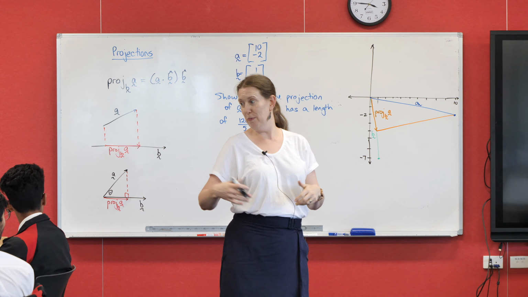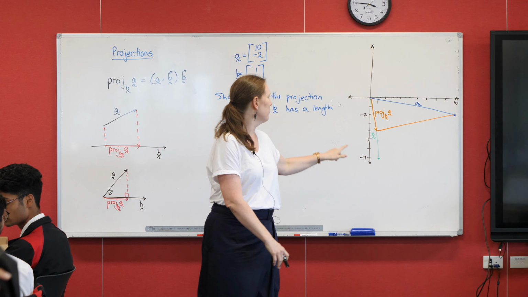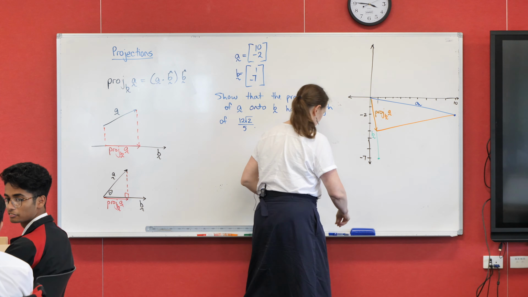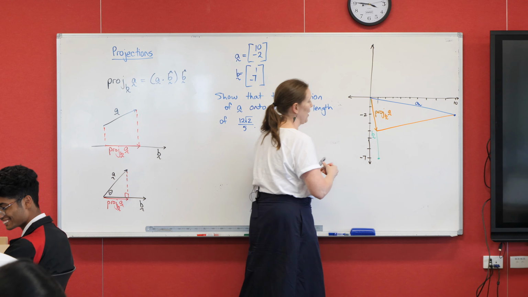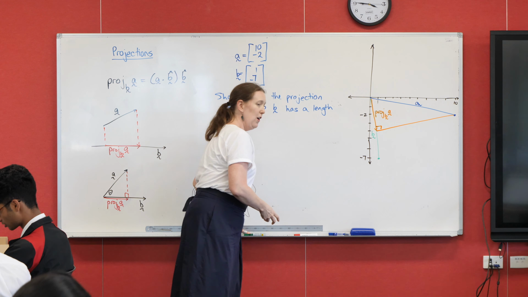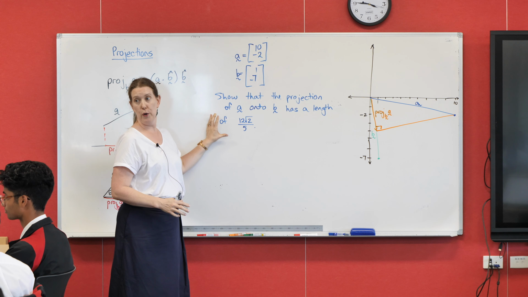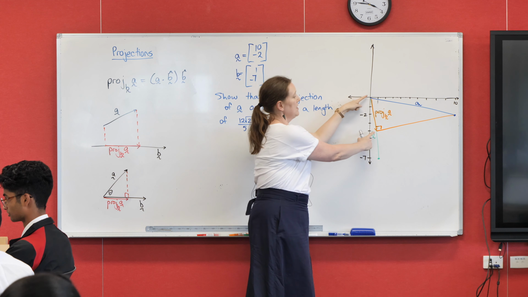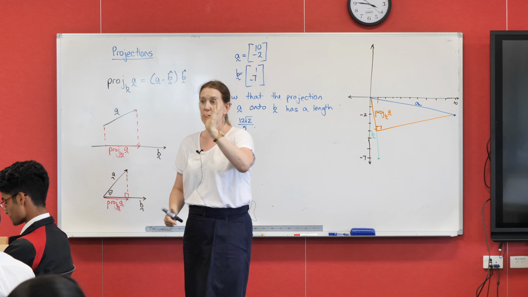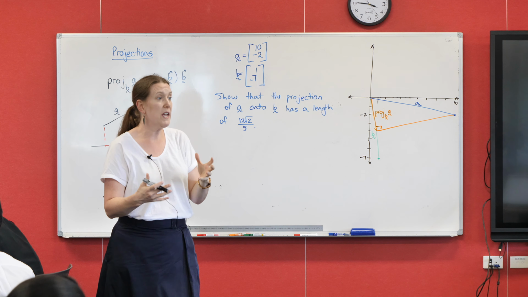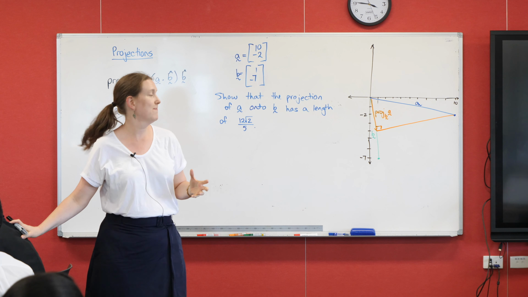Yours is exactly 3.4. 3.8, I'll accept that out of a diagram. So what we're being asked to show is that this length is 12 root 2 on 5, which we could show by diagrams.